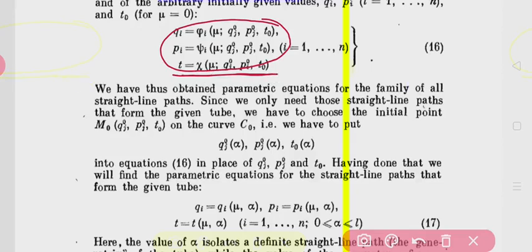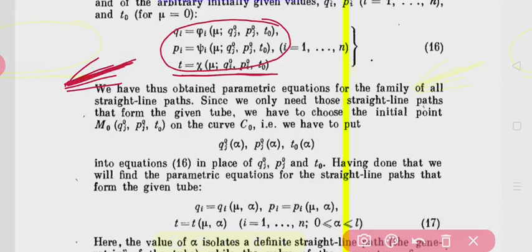So if you take some point, there will be straight line paths from that point. But you have to consider only those straight line paths that form the tube, that is, the generatrices of the tube.